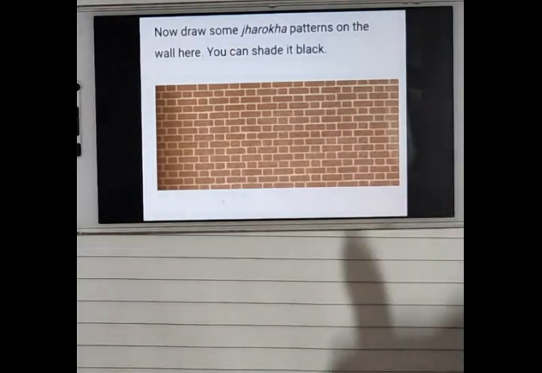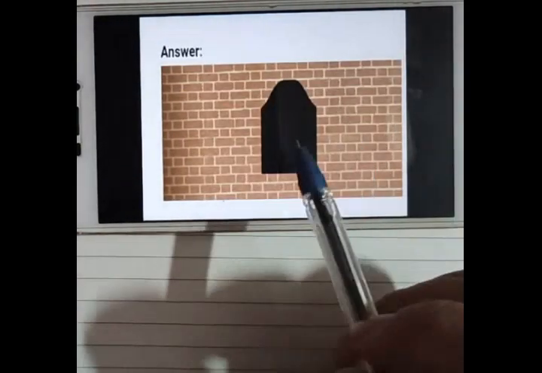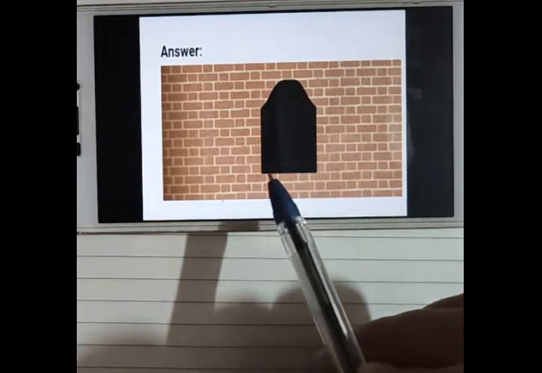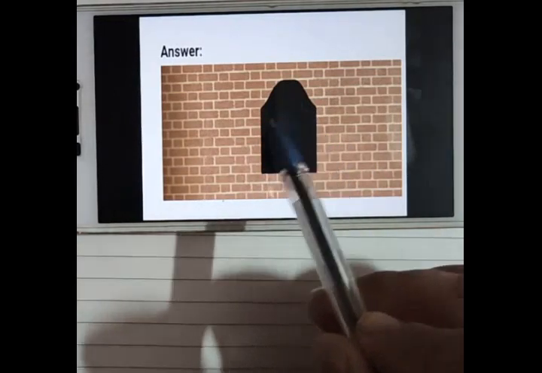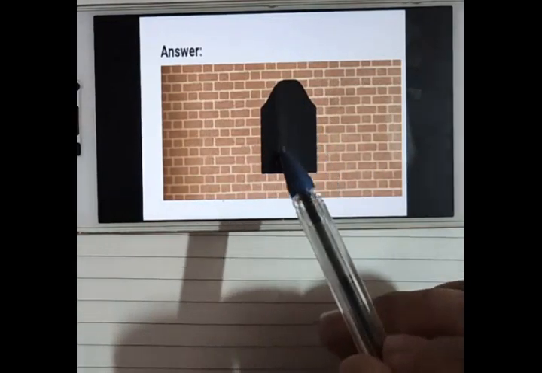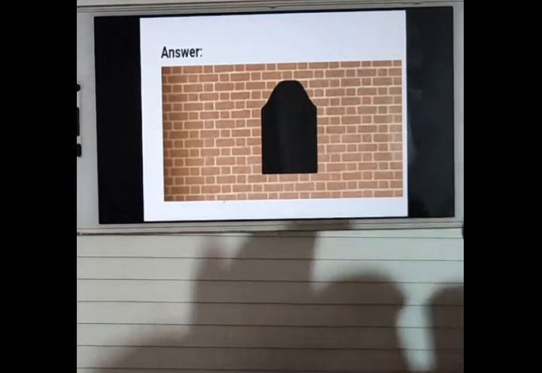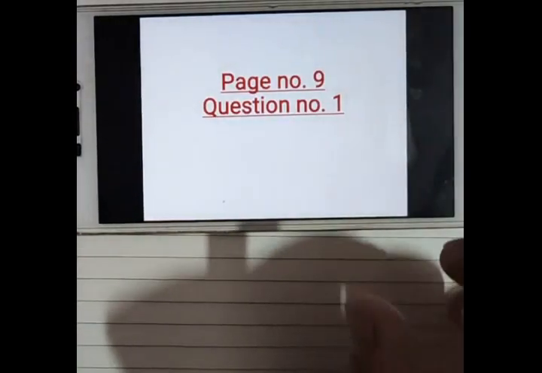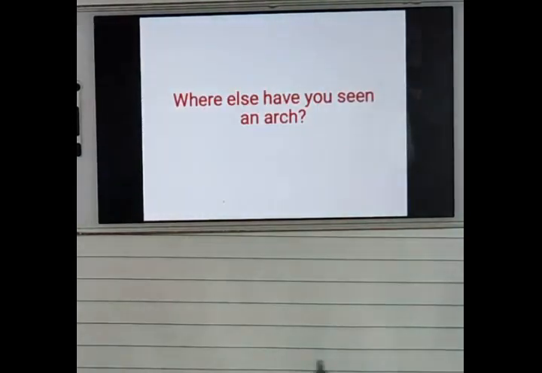You might have visited those places, or you might have seen it in movies. The jharokha pattern looks like this. Okay, moving on to the next question, which is on page number 9.